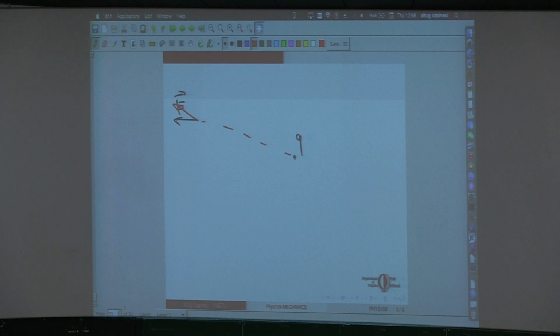Now, how much time does it take? Well, if this distance is d, the amount of time that it takes for this electric field to change its direction is d over c, c being the speed of light.